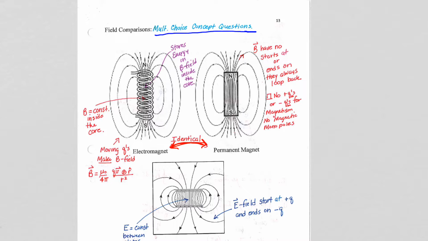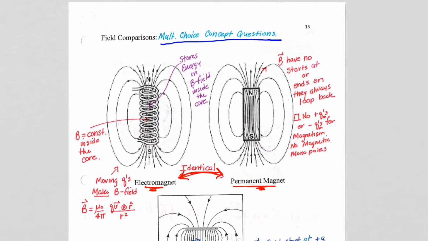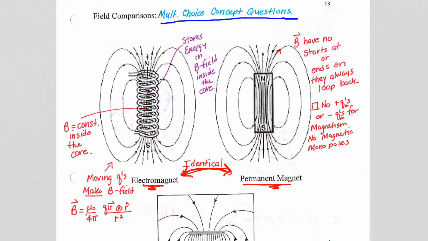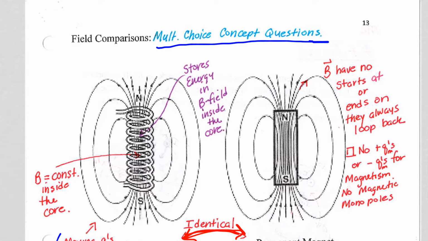We have identical magnetic fields in the permanent magnet, the ferromagnets, and our solenoids, or our electromagnet. For the solenoid, just to remind you, moving Q's make B field, and the moving Q's come from the current.